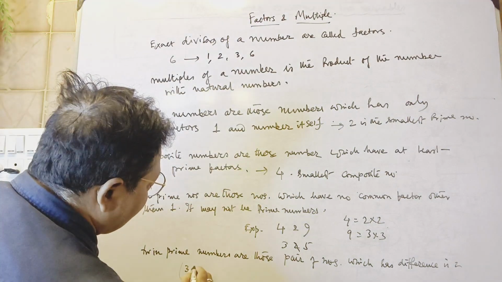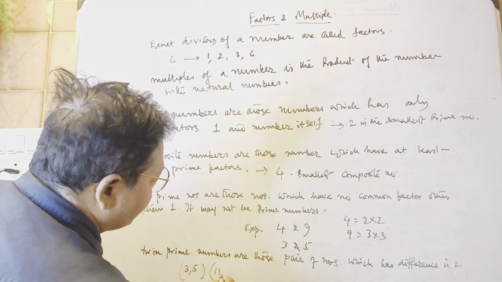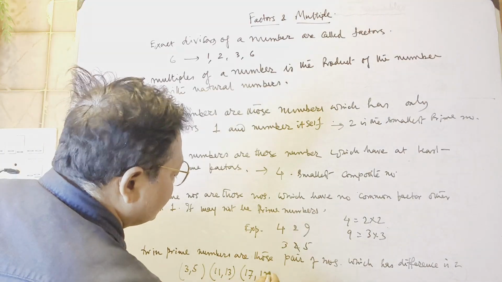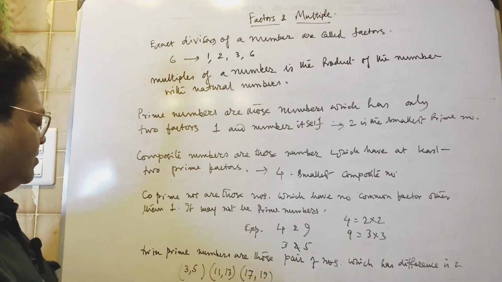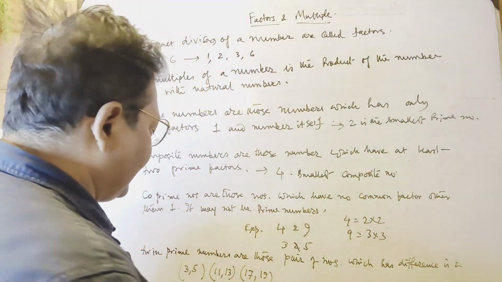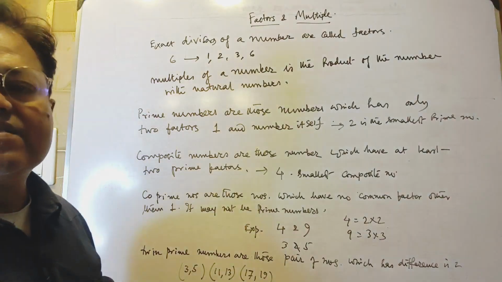As for example, 3, 5; 11, 13; 17, 19. These are all twin prime numbers. And what are prime triplets?